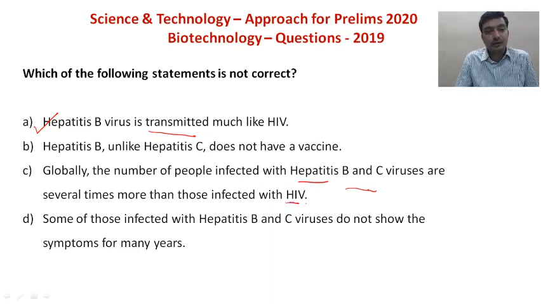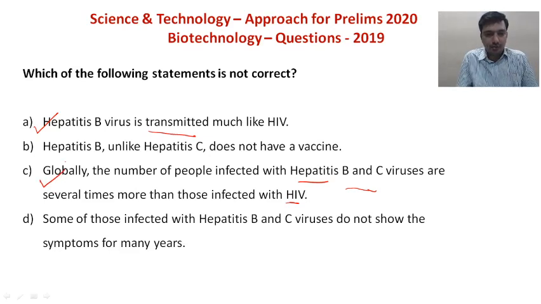This is the information given on the WHO website, clearly comparing hepatitis B and C with HIV. So sometimes standard sources like the WHO website are the things we have to read, more than a newspaper, for diseases like these. So this is definitely correct.